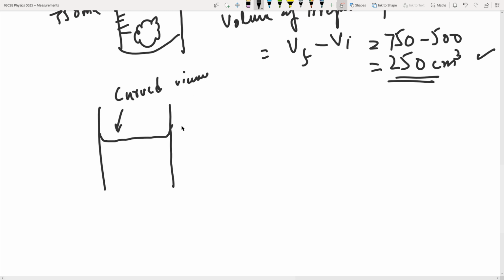This is due to liquid retention, and this is what we call the meniscus. This curvature of liquid in a pipe or a cylinder is what we call the meniscus. And whenever we're taking readings, you need to see the lower meniscus, the lower part of the meniscus, to get your volumetric reading.